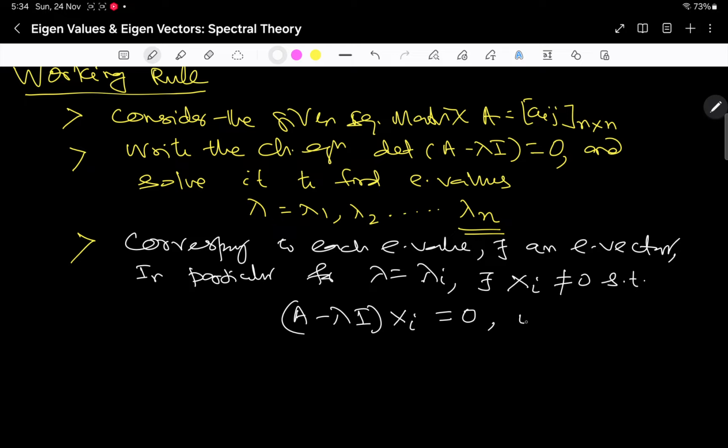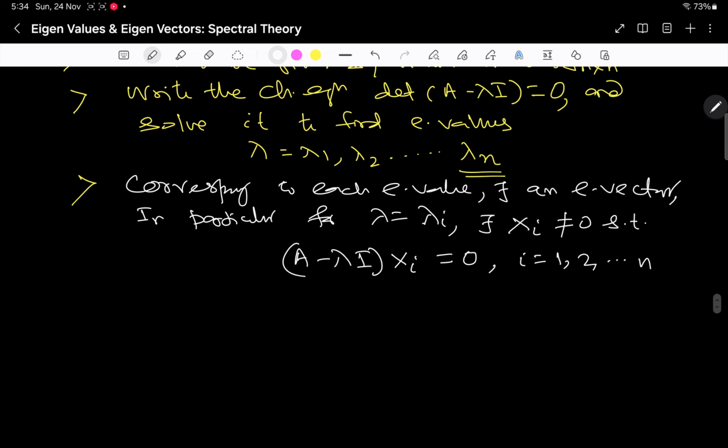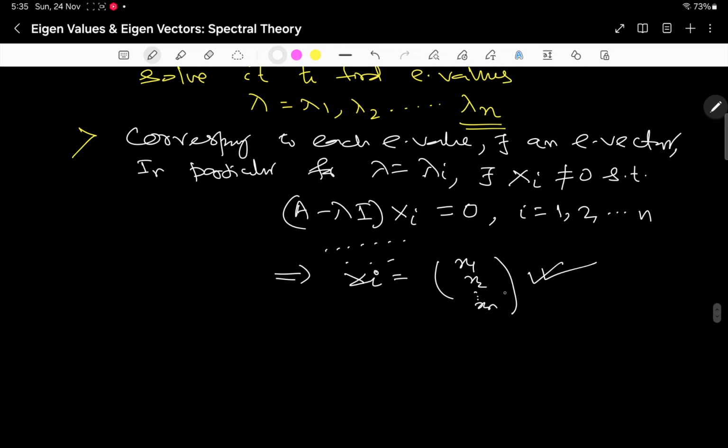This will be repeated for i equal to 1, 2, 3 and so on up to n. Then we solve it to get the value of xi: x1, x2, up to xn. Now this is an eigenvector, and it must be a non-zero vector, so at least one of these xi is not equal to 0.